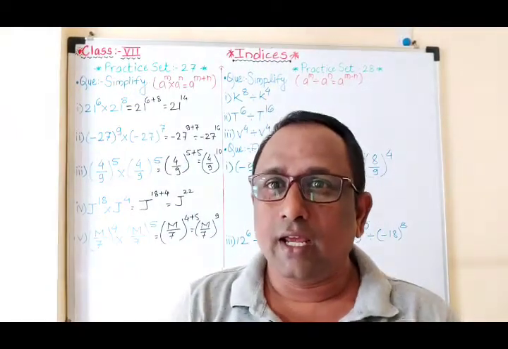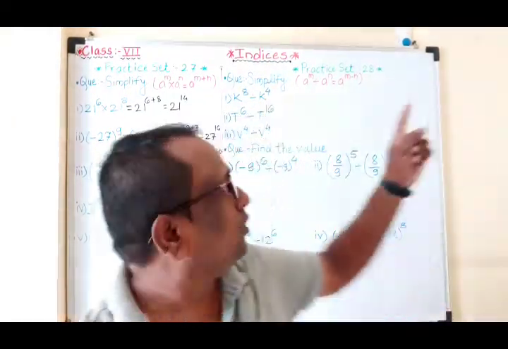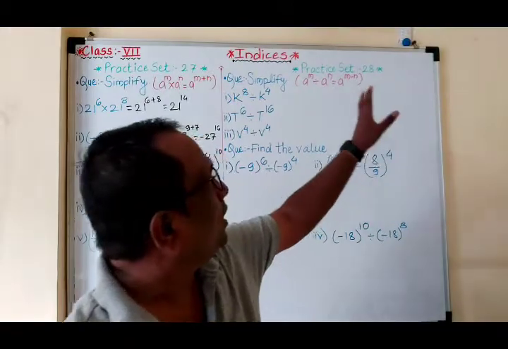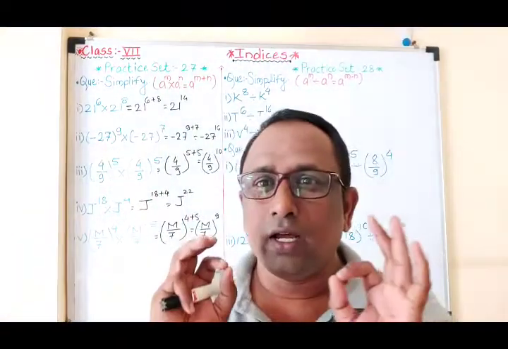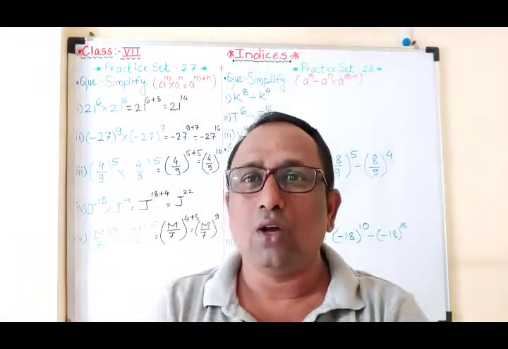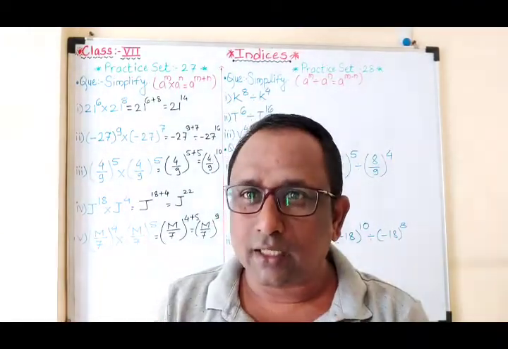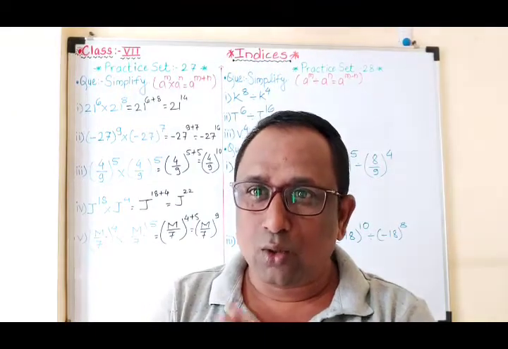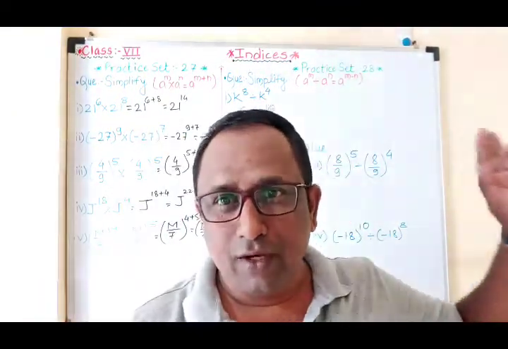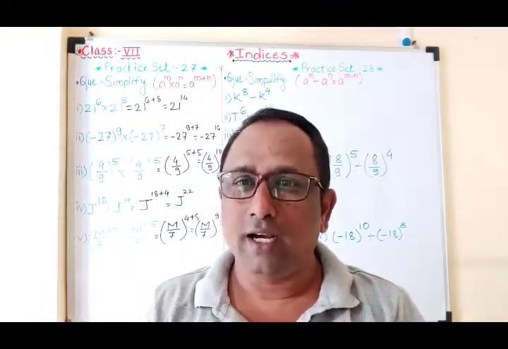If division, now we're going to solve practice set number 28. That depends on division. If division examples are there, then you have to do subtraction. If multiplication examples are there in indices, you have to add the indices, and if division, then you have to subtract the indices. That's it.